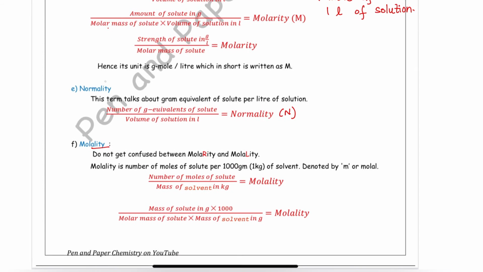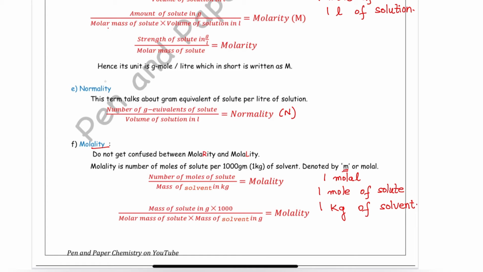So again, if I am saying that a solution is 1 molal, usually represented by a small m, that means I have got 1 mole of solute but in 1 kg of solvent, right?